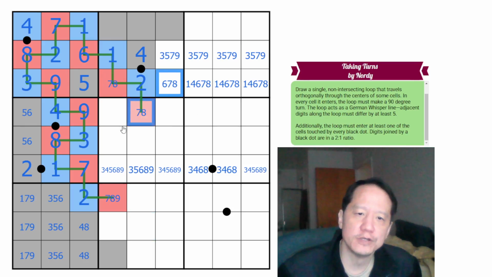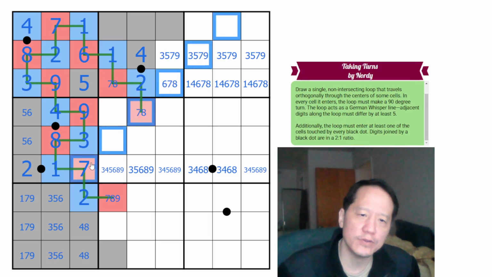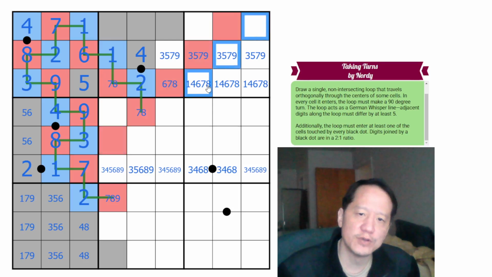Also, since we know that this alternates between lows and highs on the German whisper loop, if the digit is on the loop, we know these have to be high. If these are on the loop, they have to be low, because again, you'll always alternate between highs and lows.